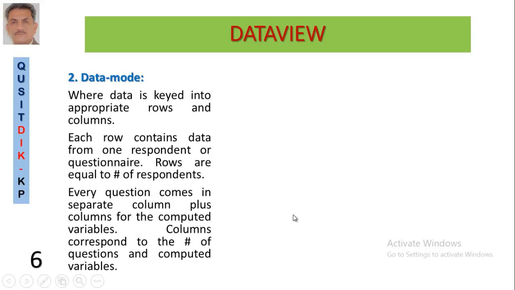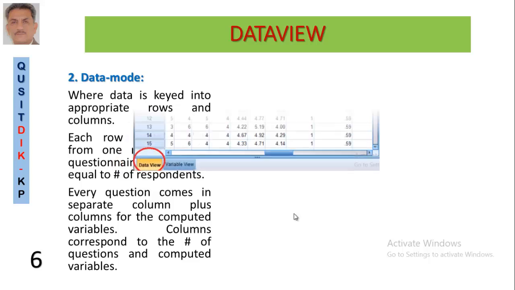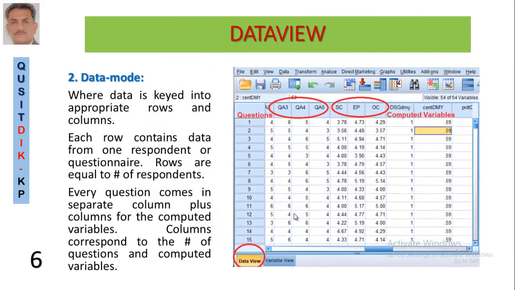In data view, where data is keyed into appropriate rows and columns, each row contains data from one respondent or questionnaire. Rows are equal to the number of respondents. Every question comes in a separate column plus columns for the computed variables. Columns correspond to the number of questions and computed variables.